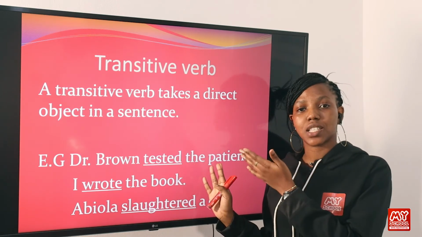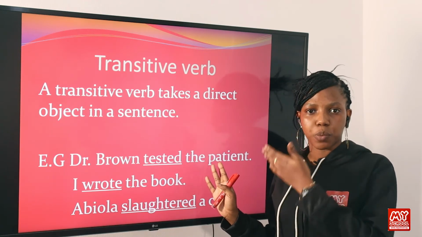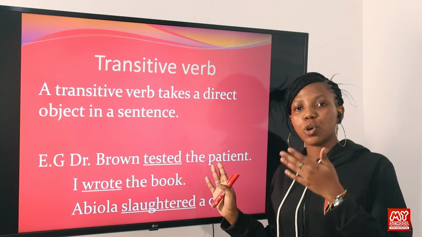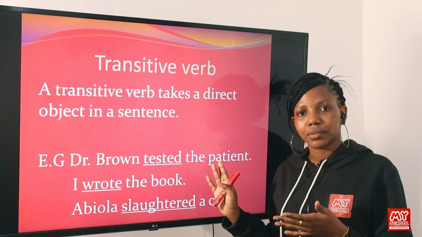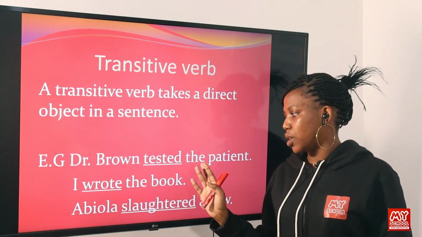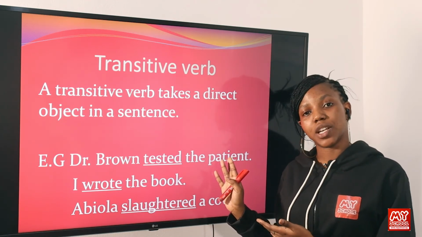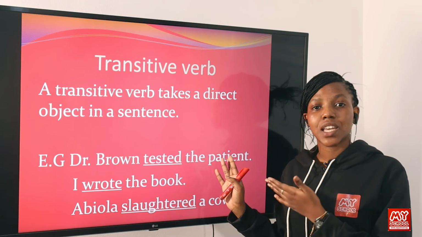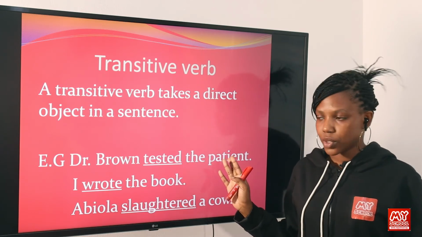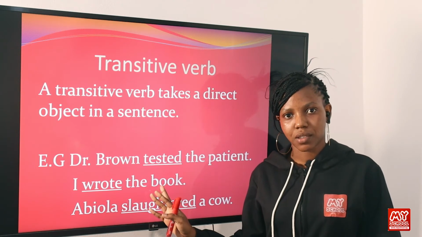What a transitive verb implies is that it will always take an object. There would always be a receiver of the action. And as you can see in this example, the patient is available, and so the patient is the object and the receiver of the action. Number 2, the book is the object.